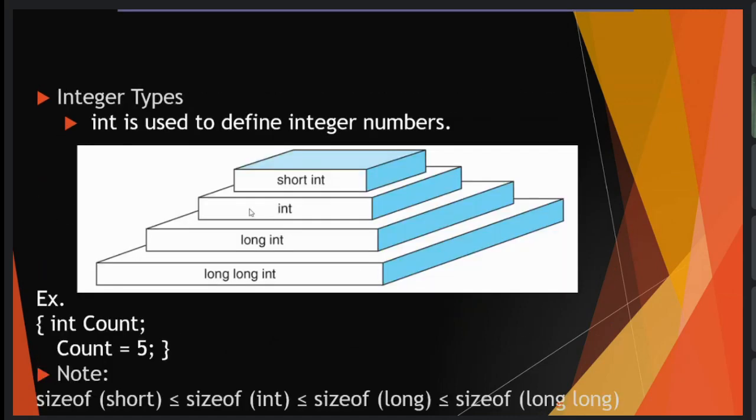So again, here is a representation of your integer types nga nagamit og modifiers. Okay? So naatay short int, kung magtanaw ka, ang storage space niya is smaller compared sa int. Kay nga naman, short int only occupies, pila ganito guys? 2 bytes.